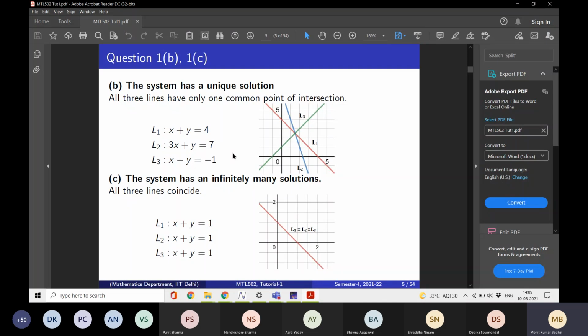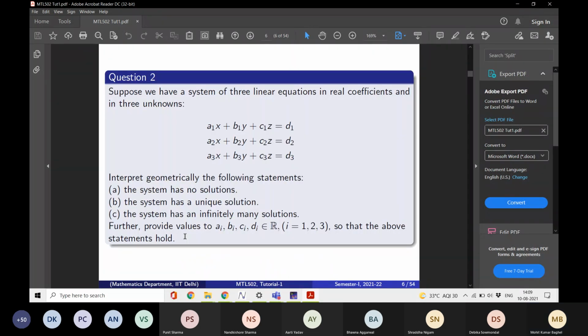And this is another trivial case you can see. So question 1 is for two dimensions, and question 2 is again in three dimensions, although the nature of the question remains the same.